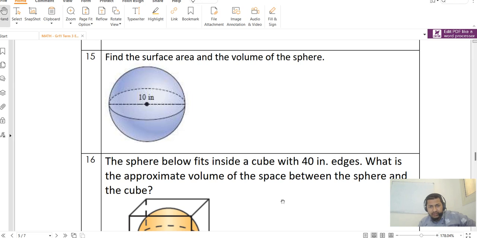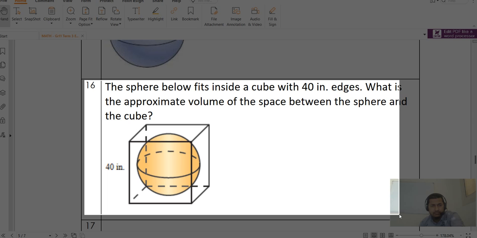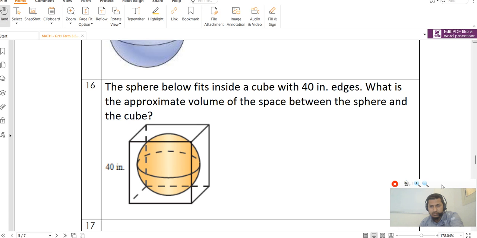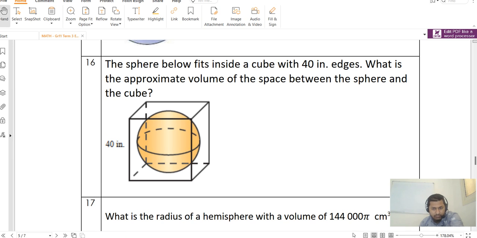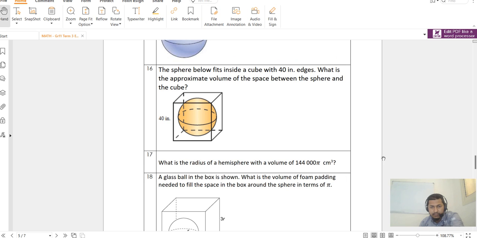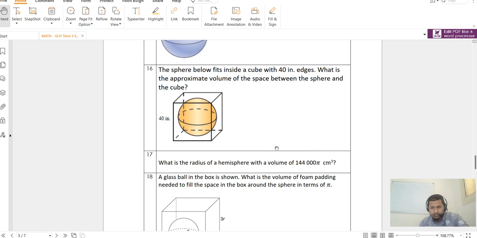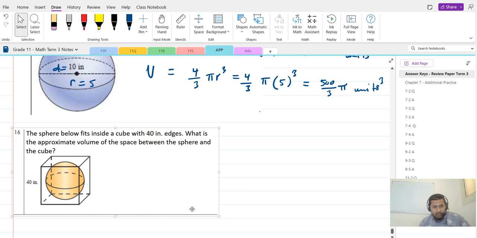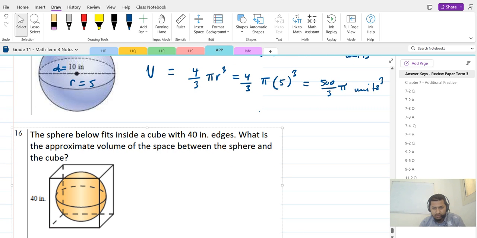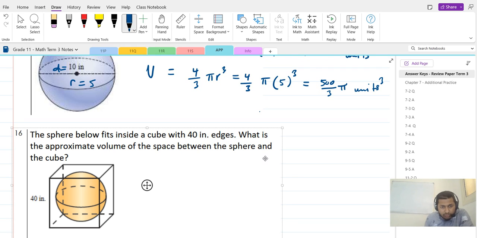Next problem we have is question number 16. The sphere below fits inside a cube with 40 inch edges.